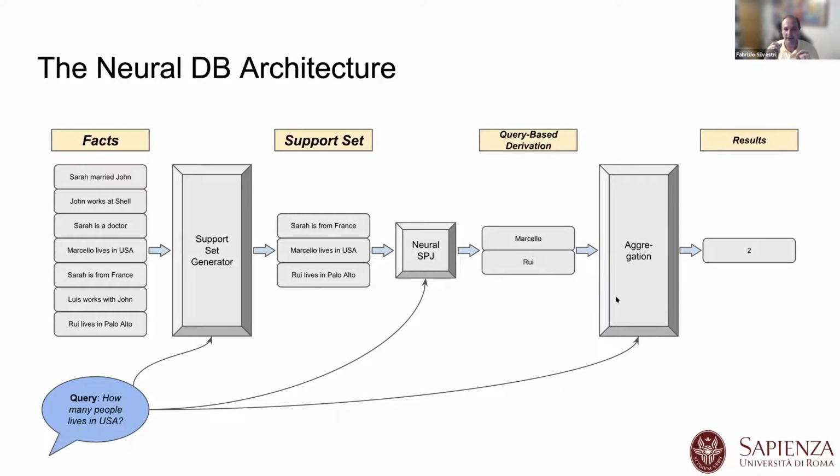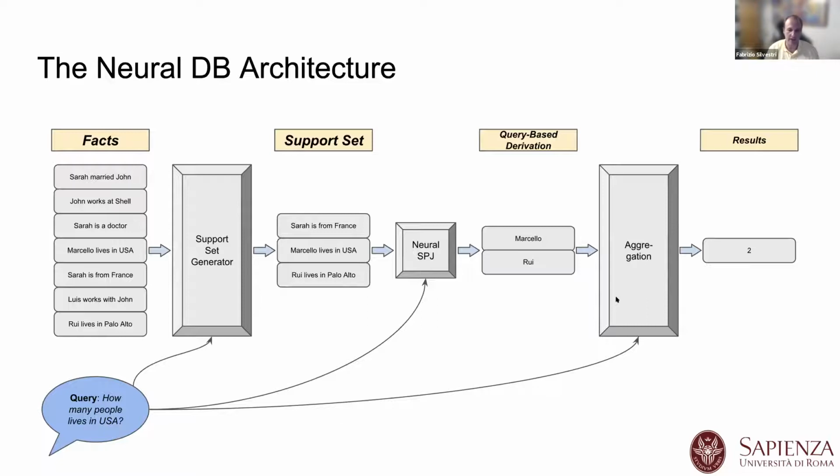It is using NLP techniques to do the select, project, and join. And then this is a traditional database component, which is computing the aggregation. So average, sum, mean, max, those are typical aggregation mechanisms. This is not neural, I would say.